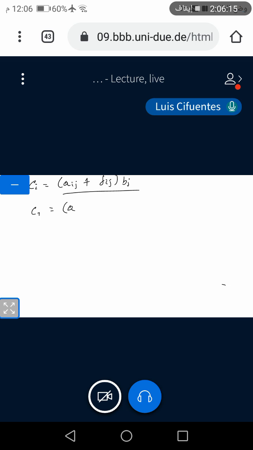So we have A11 plus 1, because when we have the same index in the Kronecker delta symbol, we have a scalar which is 1, times B1, plus, when they are not the same index, we have 0 for the Kronecker delta. Then A12 B2 and plus A13 B3.